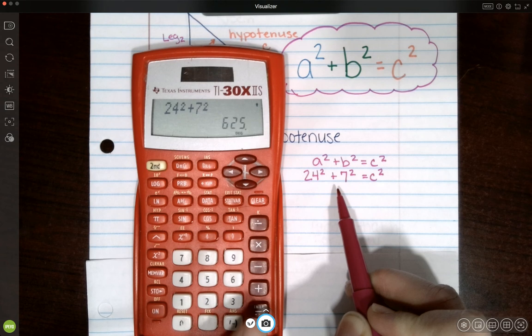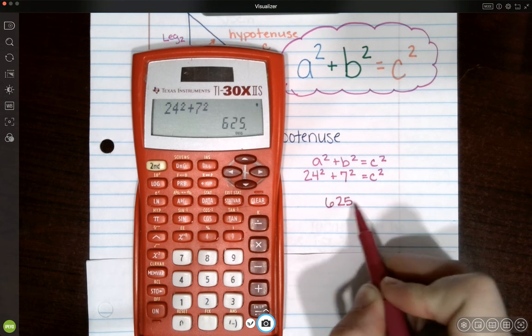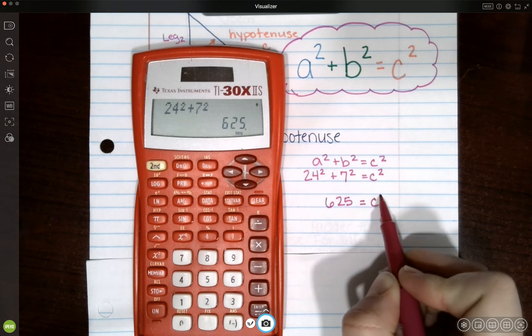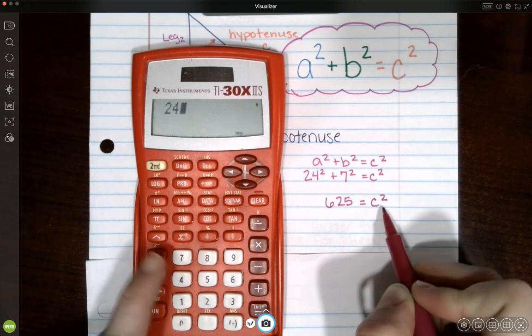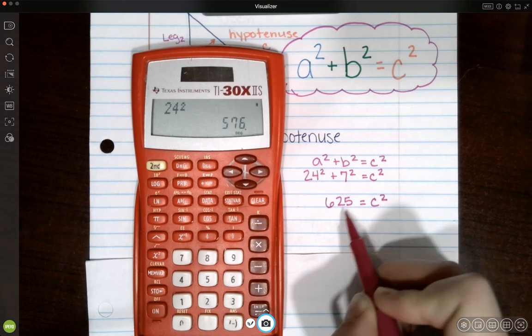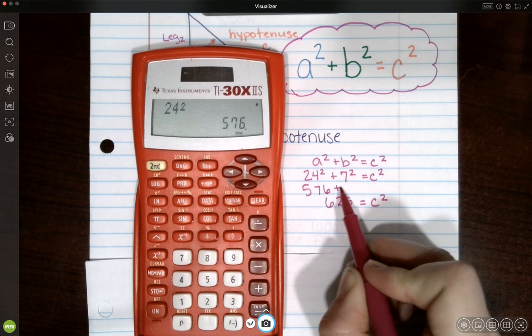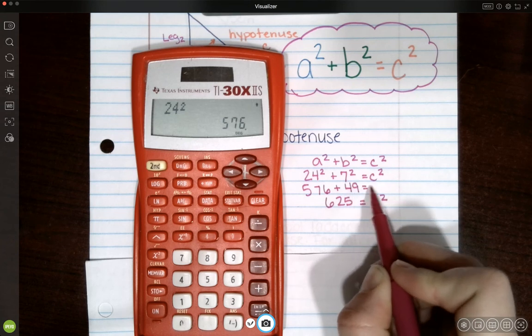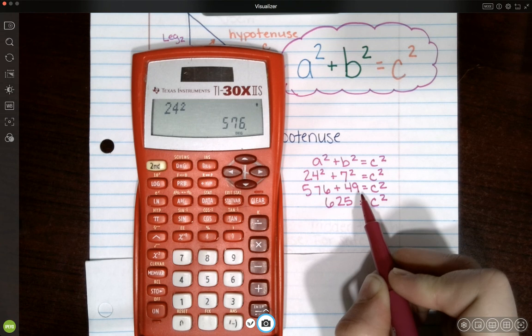And then when I push equals, I get 625 equals c squared. Now again, I have to bring it down exactly as is. Now if I wanted to do 24 squared equals and get 576, and 7 squared is 49, equals c squared, I could totally have this line, but just note your calculator does allow for you to do it.